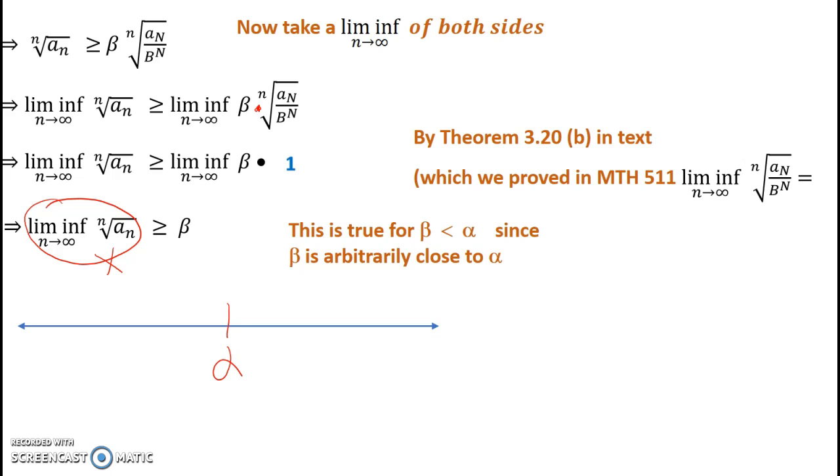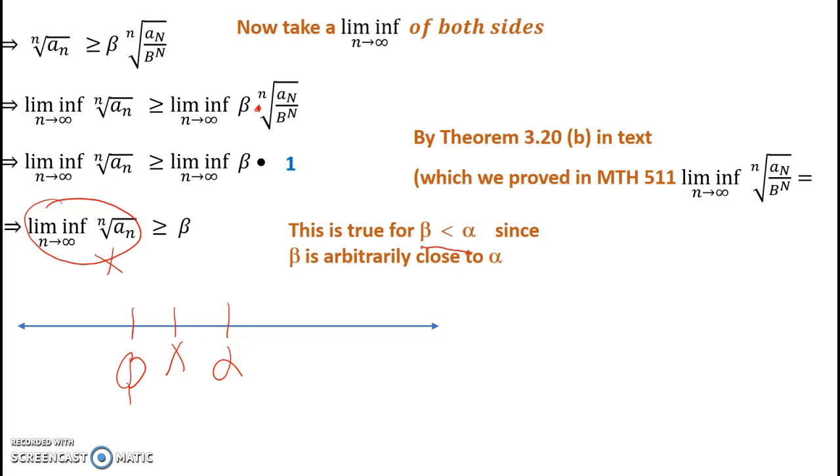And we know that beta is less than alpha. That's stated right here. So we can place beta right to the left of alpha. And here we just stated that this expression, which is our x, is greater than beta. So I could potentially place x right here in between beta and alpha.